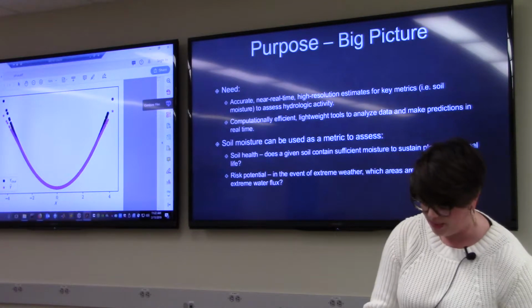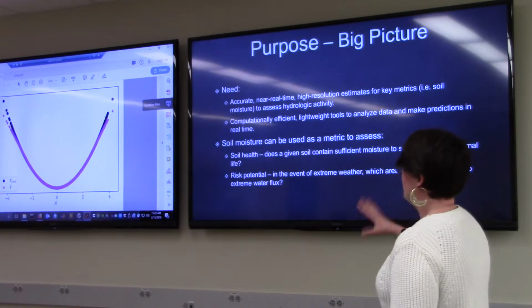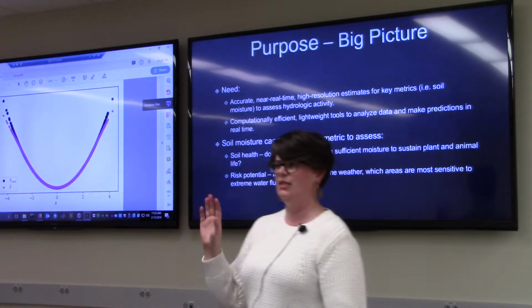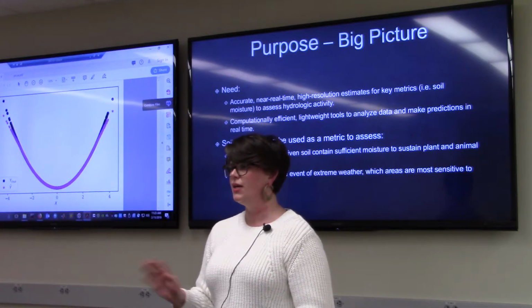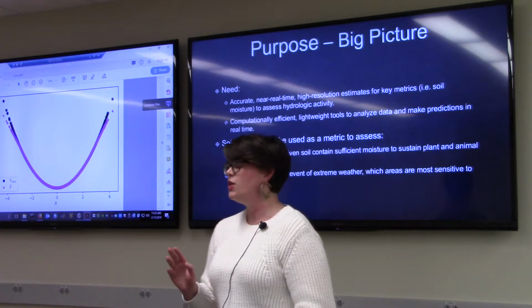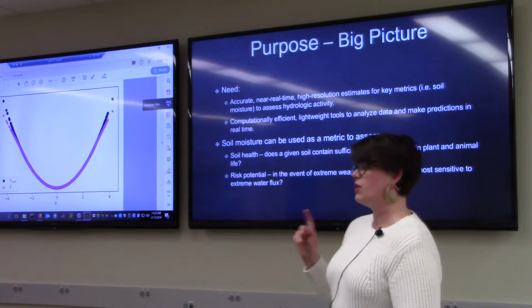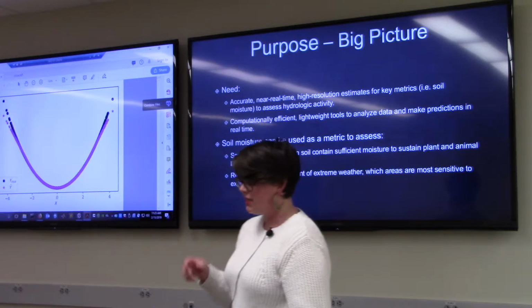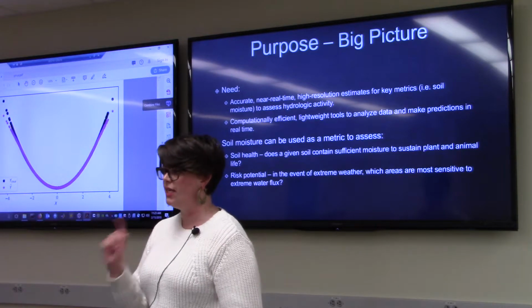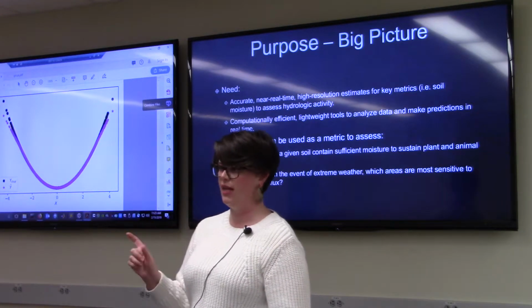Going back to my own research goals, I want to talk about this in a big picture way. Why is it even important to predict soil moisture? Who cares about how much water is in the ground? Actually, everyone, right? One reason we're interested in soil moisture is that we consider it a key hydrologic metric for subsurface and particularly near surface water flux.